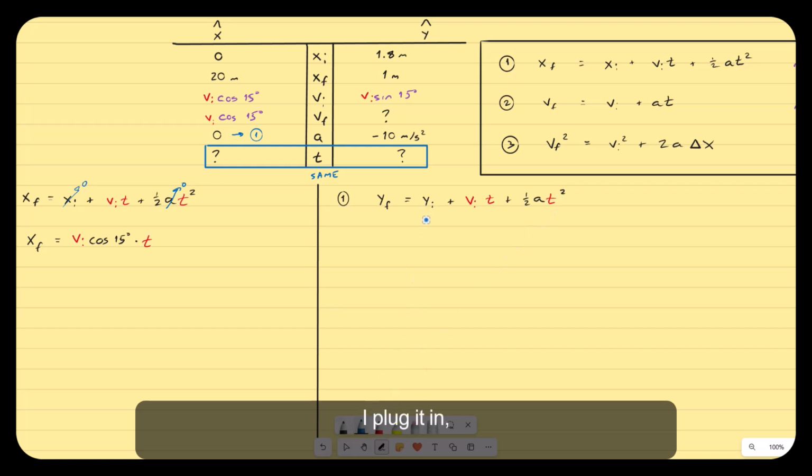Alright, I can plug in nothing. I can cross off nothing. So I'm going to just write this equation the way that I actually have this.